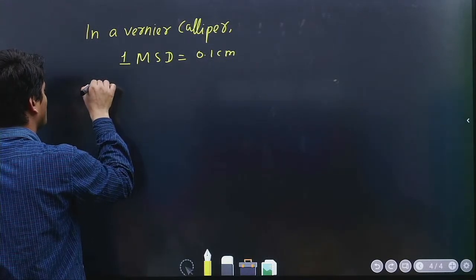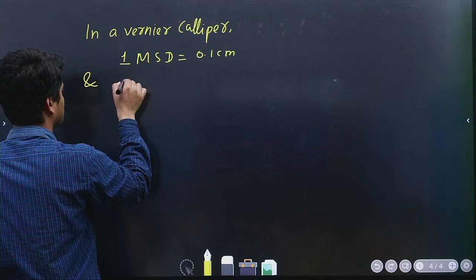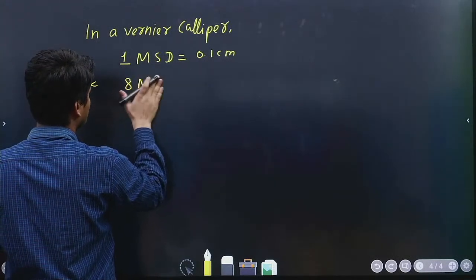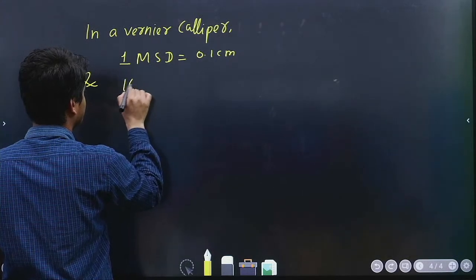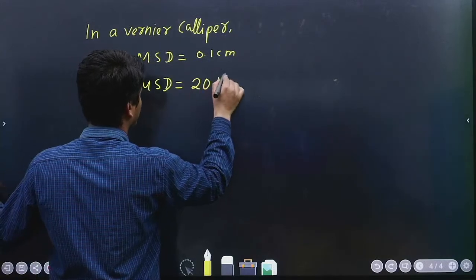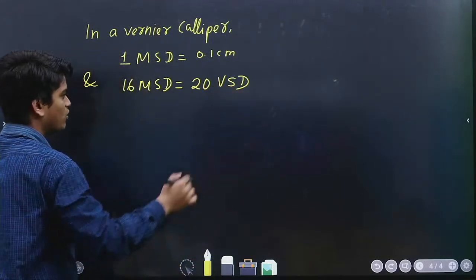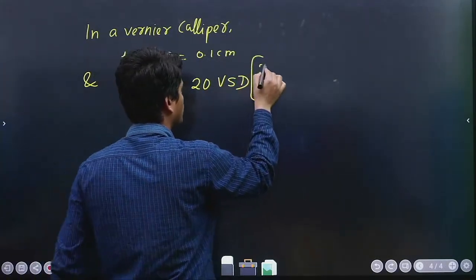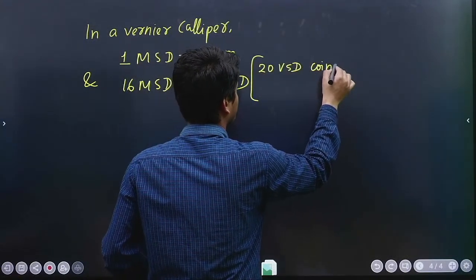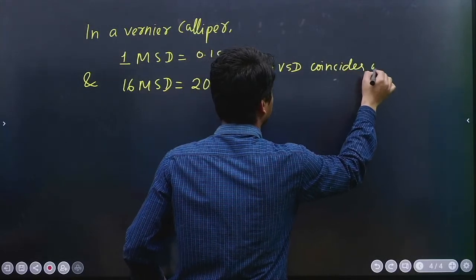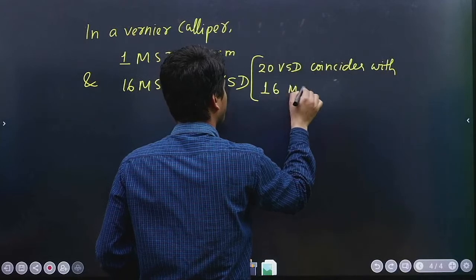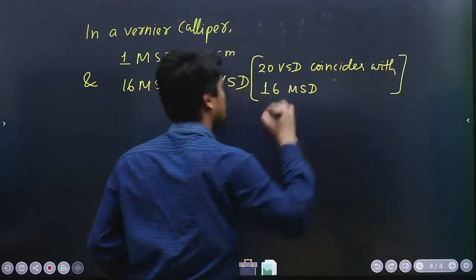And 16 MSD equal to 20 VSD. That means, tell how they'll say this in language. Remember, 20 vernier scale division coincides with 16 main scale division.